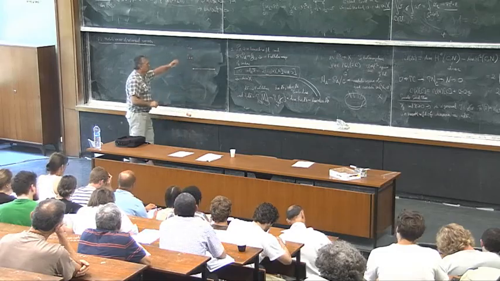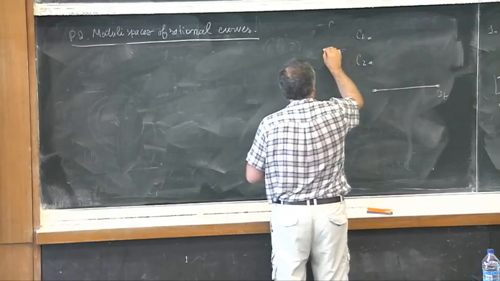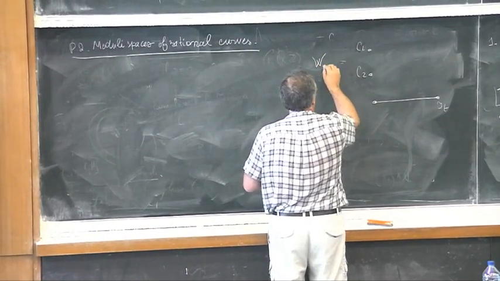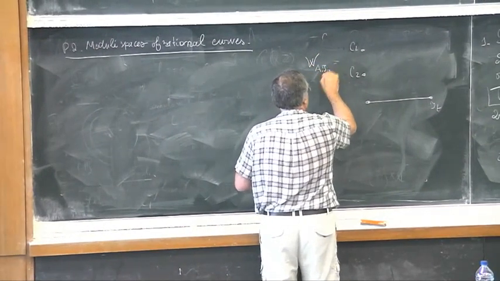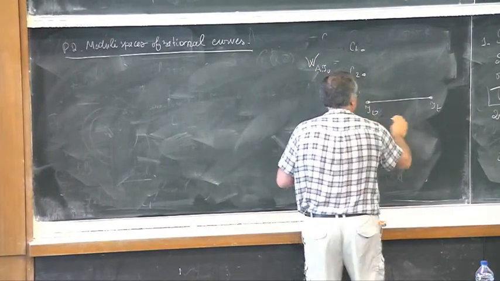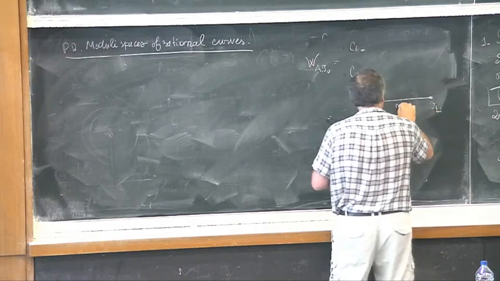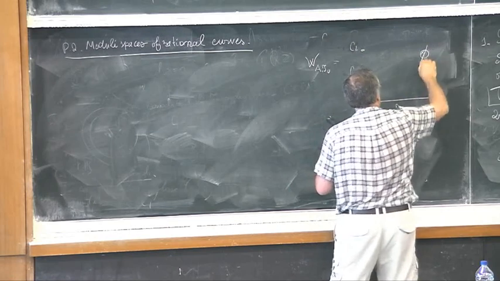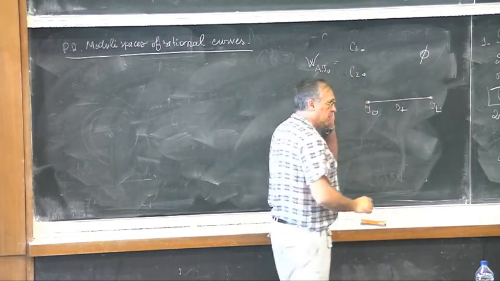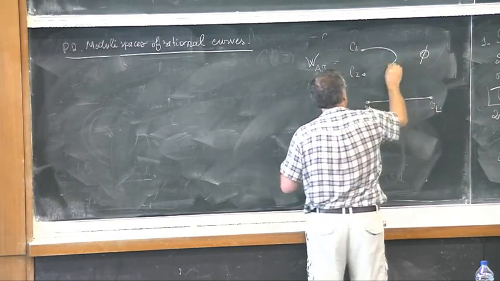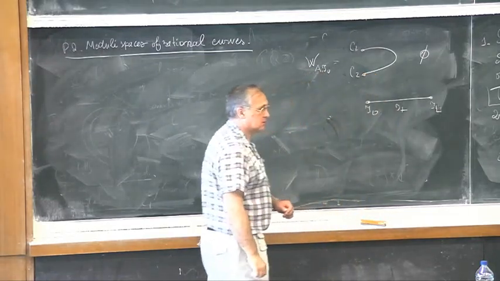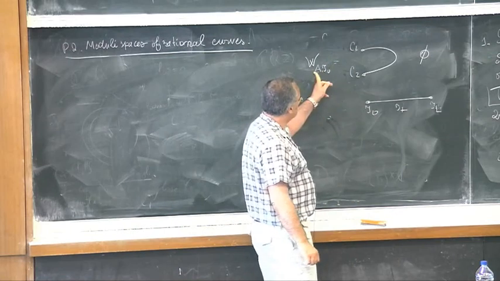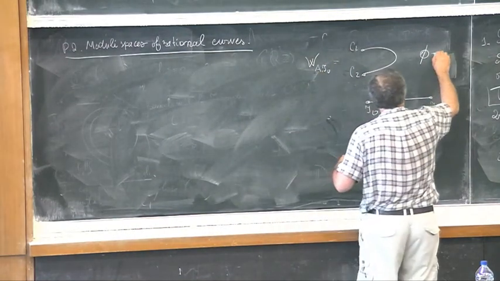So this is your moduli space for the structure J0. And then you have nothing for J1, and the cobordism is this. This is a cobordism between this manifold and this manifold.